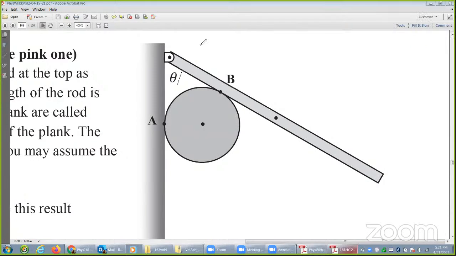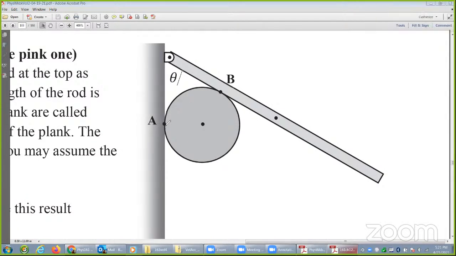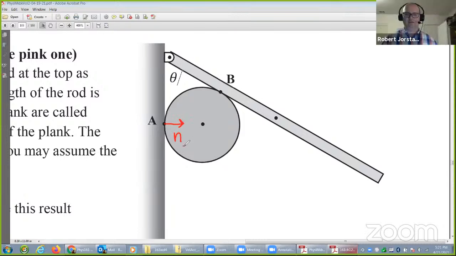Somebody tell me one force which is acting on the ball. Normal force of the wall. Okay, and which way is that going to push? To the right, toward the center of the circle. Yep. I'll call that normal force A. Any other forces? Well, mg down on the ball.